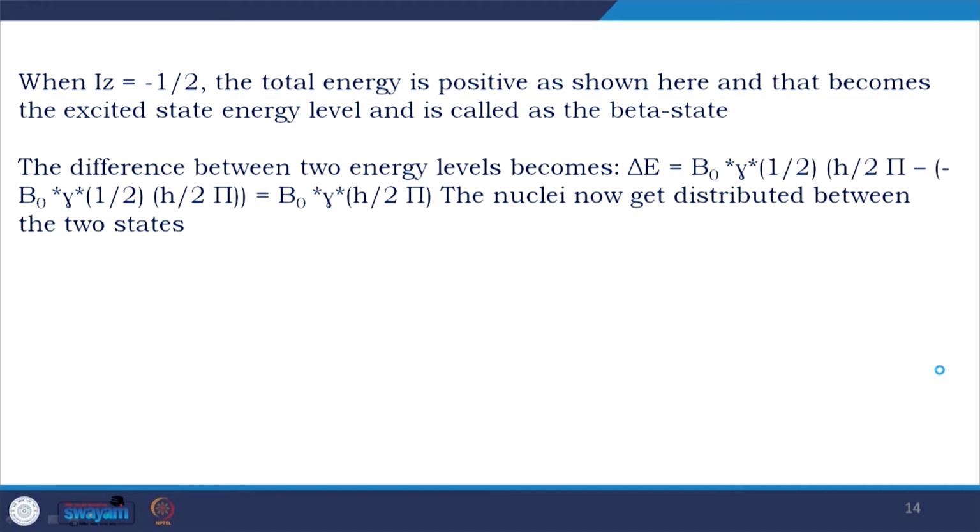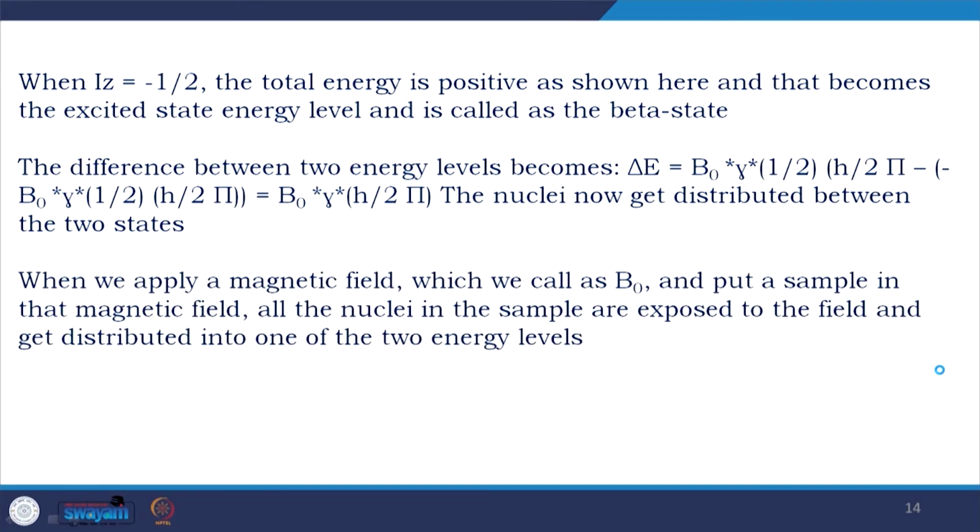The nuclei now get distributed between two states, as I told, alpha state and beta state. When we apply a magnetic field, which we are calling B0, and put a sample in that magnetic field, all the nuclei in the sample are exposed to the field and get distributed into one of the two energy levels.